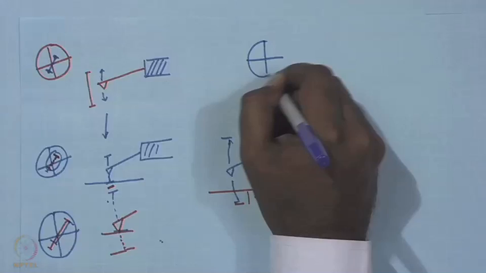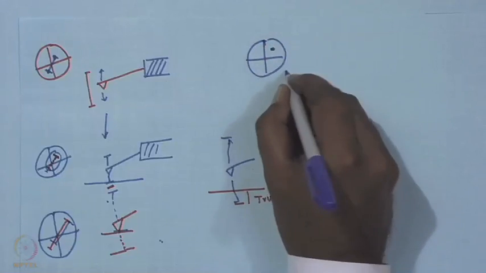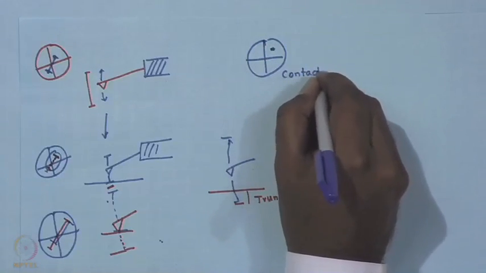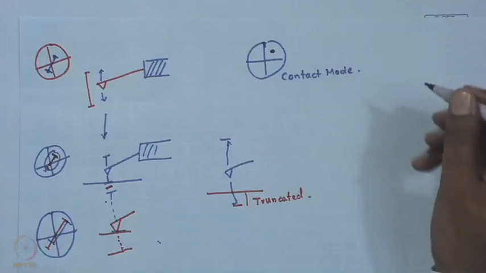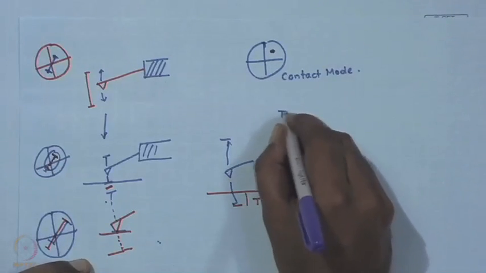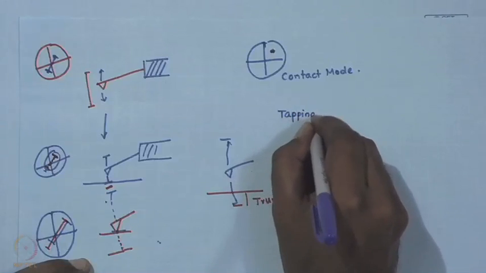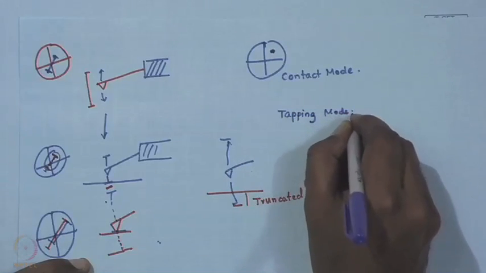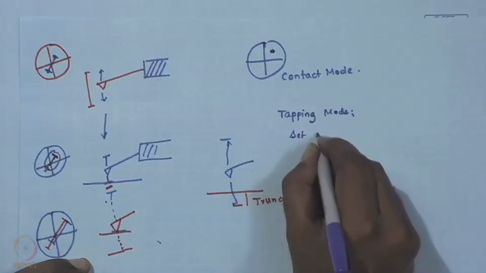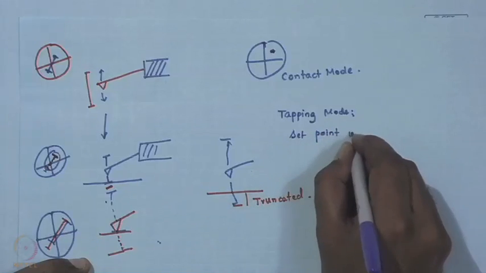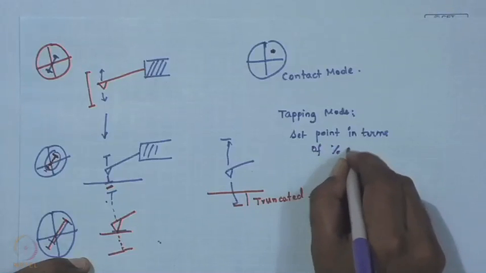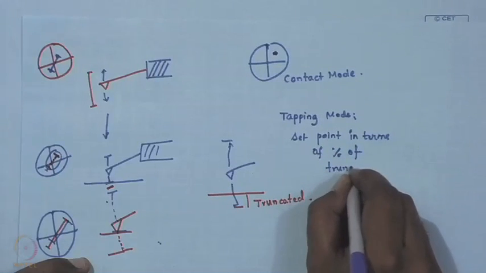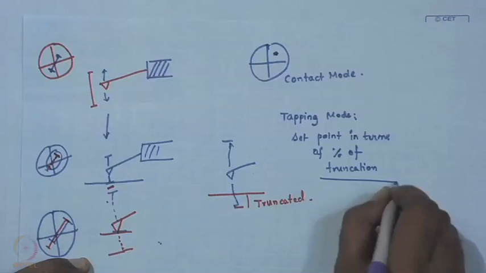So, you typically, unlike in contact mode where you set a set point in terms of force, here in tapping mode you set a set point in terms of percentage of truncation. Okay.